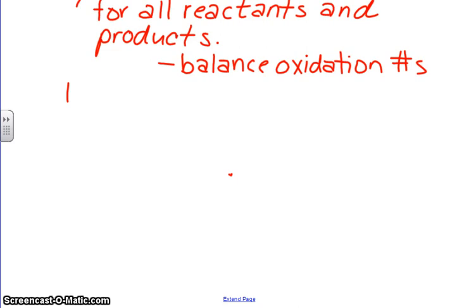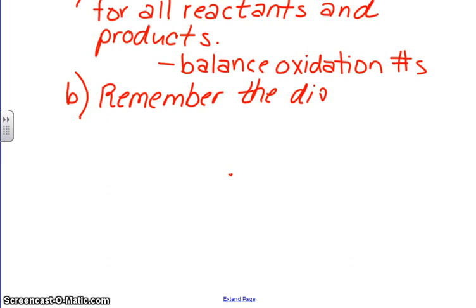The second step is to remember the diatomics. What's that? Funny you should ask. I have that right here. Diatomics are those atoms that always occur as pairs. Those elements that always occur as pairs. And there was one that I left out in your list yesterday, and that was hydrogen.